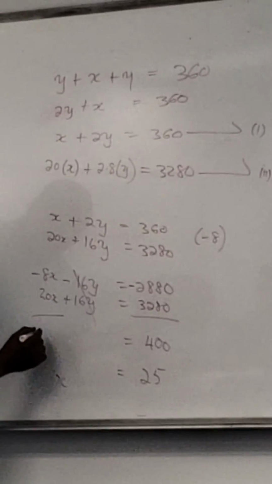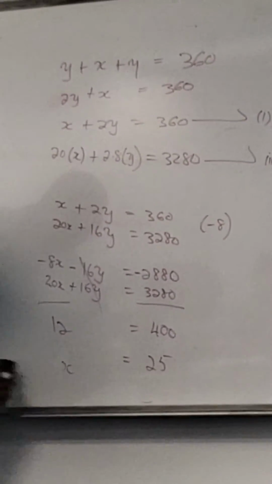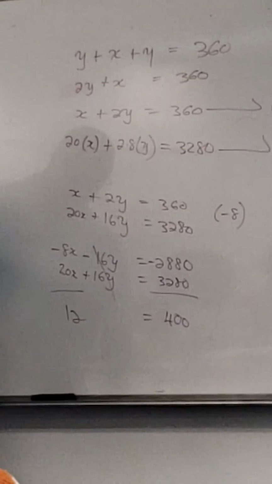Yes, 12x is equal to 400. It's a decimal.